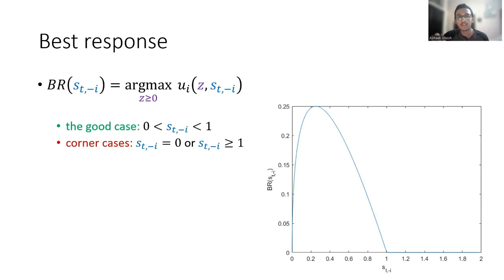At 0 there is a discontinuity, and at 1 it's not a discontinuity, but the best response function is not differentiable, and it goes to 0 if the total output by all the other agents is 1 or above 1. To summarize, the good case where the best response function is well behaved is when the total output of all the other agents is strictly between 0 and 1, and in the other cases it does not behave smoothly.